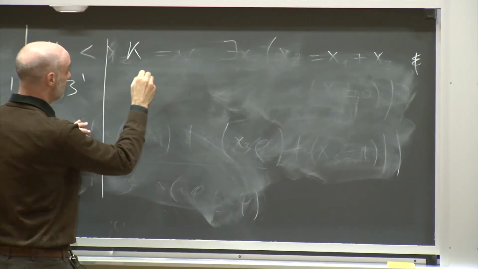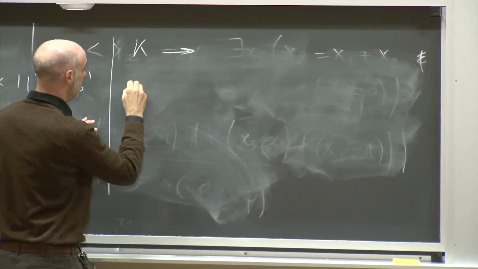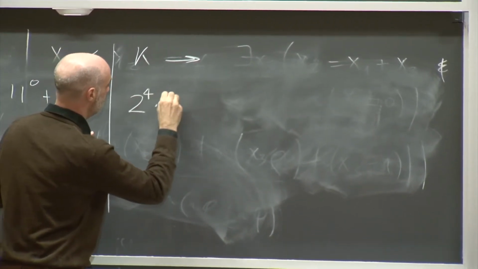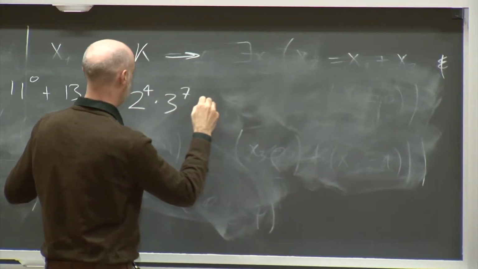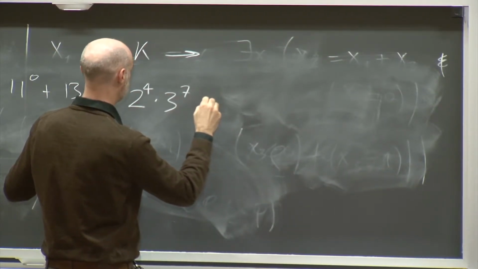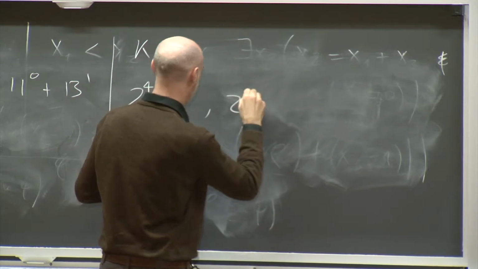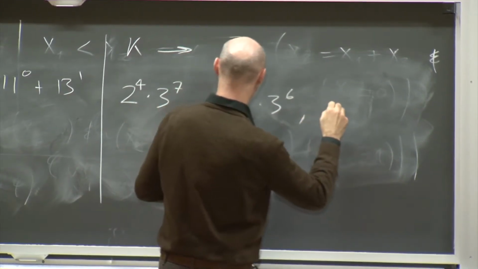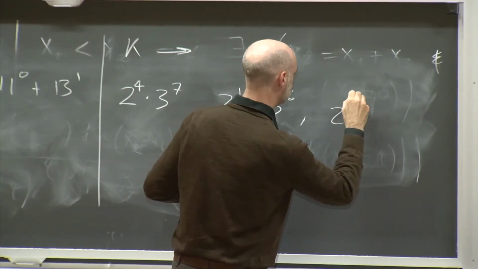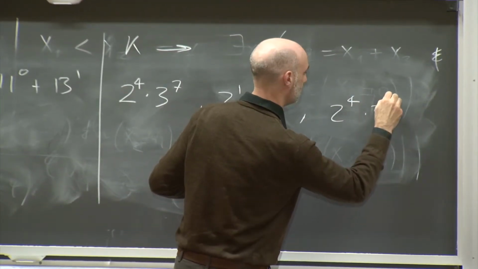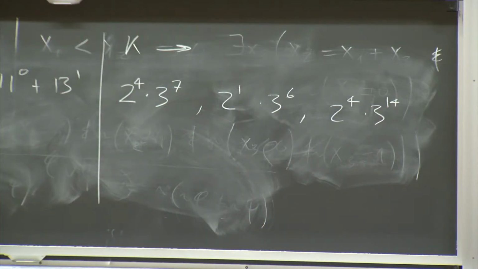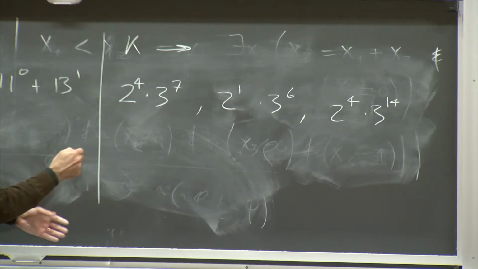And say that your sequence of numbers turns out to be 2 to the 4 times 3 to the 7, and 2 to the 1, and 3 to the 6, and then you can think of the number I gave you as coding up some ordered pairs.